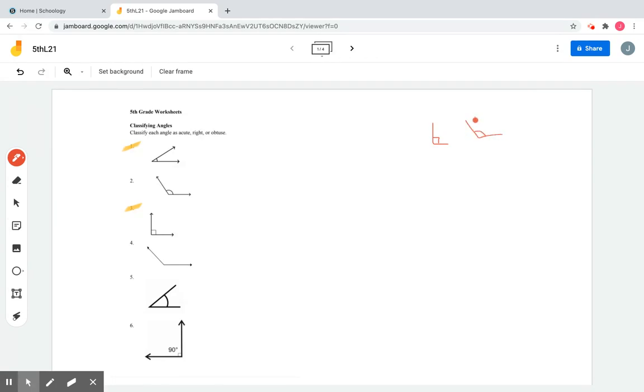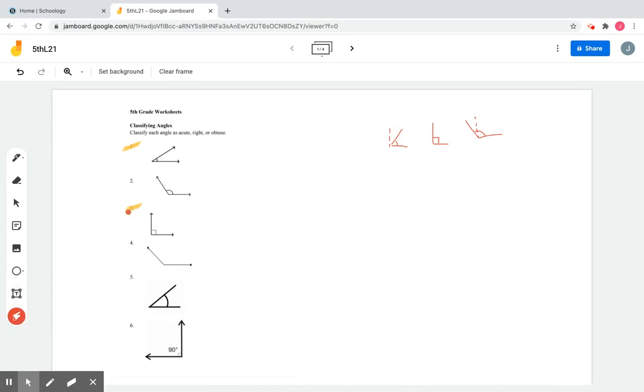So we are going to say that this is 90 degrees. Obtuse is bigger than 90 degrees, and acute is an angle that is smaller than 90 degrees, like this. Okay, so we're gonna work on number 1 and 3 together.